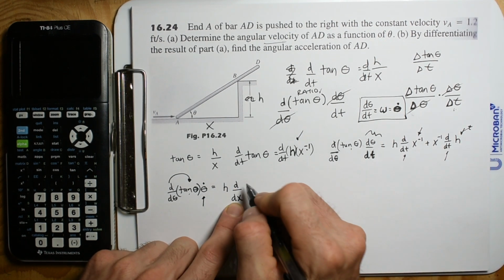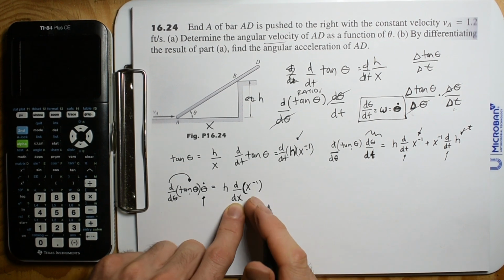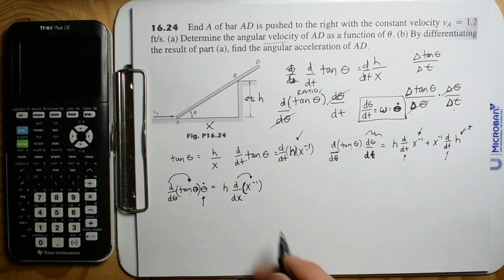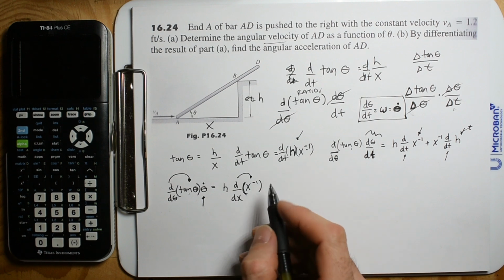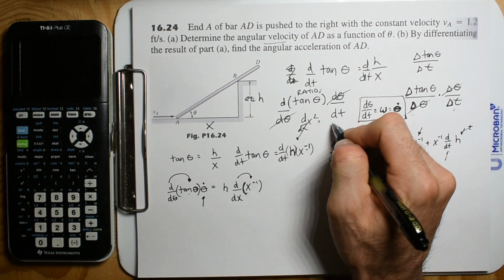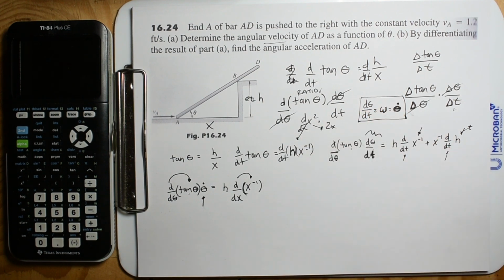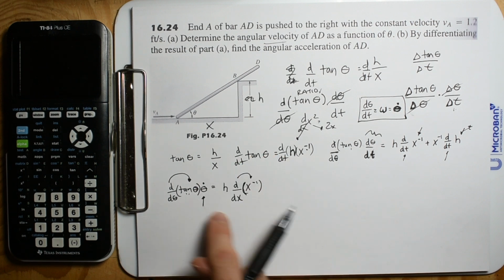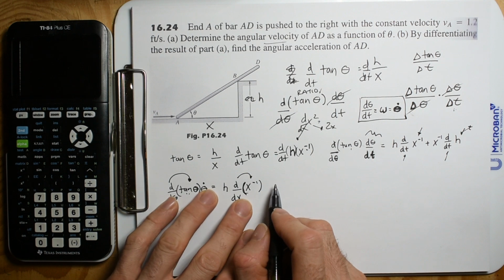Okay, so we're doing the chain rule here. d dx, and then we have that x to the negative 1. Put it in parentheses just so you know that you're taking the derivative of this. What I mean by that is, hey, we know how to take the derivative of x squared. d dx is going to be 2x. We kind of know those power rule properties. For the tangent ones, you might have to look it up in a book, but we'll actually be able to do this one pretty straightforward. Cool.